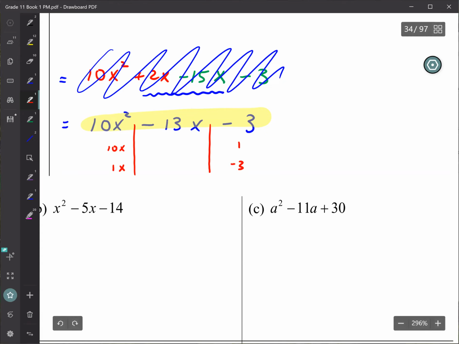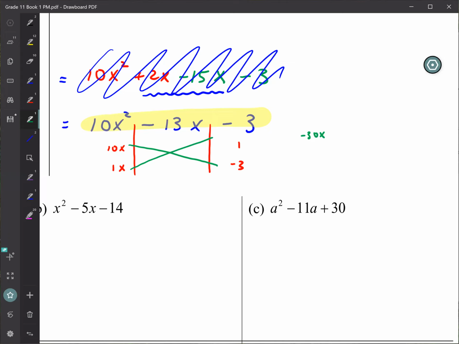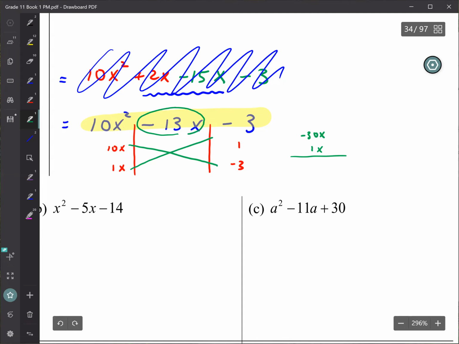Okay, 1 and -3. So this method is called a cross multiply. What you do is you cross multiply these two things, like 10x times -3, that's -30x. And then you have 1x times 1, that's 1x. You want the result to add to the middle, -13x.